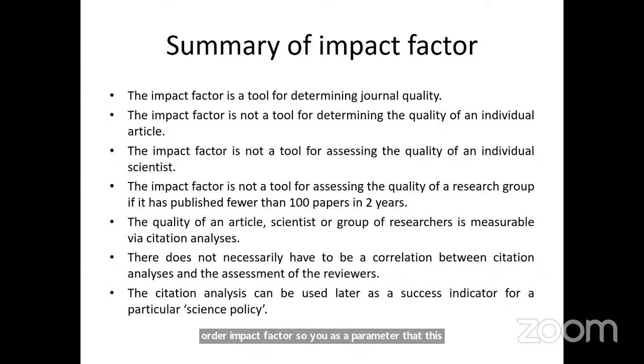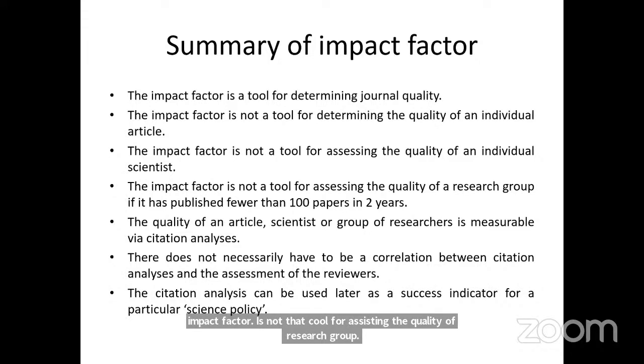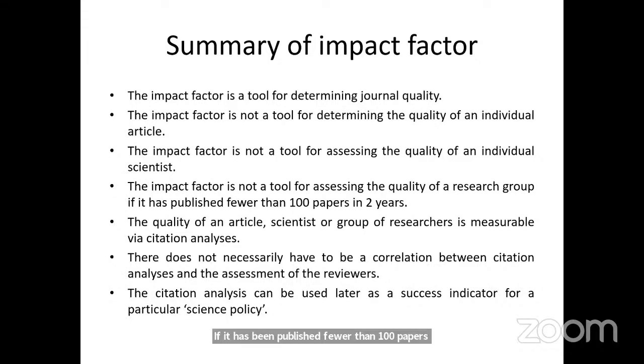The impact factor is not a tool for determining the quality of an individual article. It is not a tool for assessing the quality of an individual scientist. It is not a tool for assessing the quality of a research group if it has published fewer than 100 papers in 2 years. The quality of an article, scientist, or a group of researchers is measurable via citation analysis only.